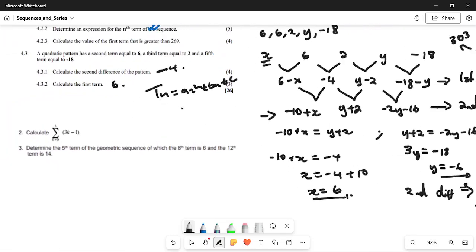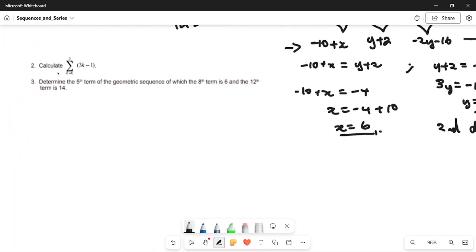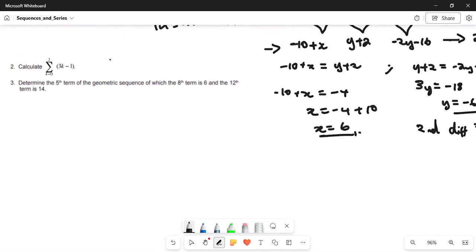And then the last question now. Okay, we are given a sigma notation. Calculate the sum of 3k minus 1, where k is 0 to 3. So we just need to find the sum of this number pattern. Let's first determine the total number of terms.